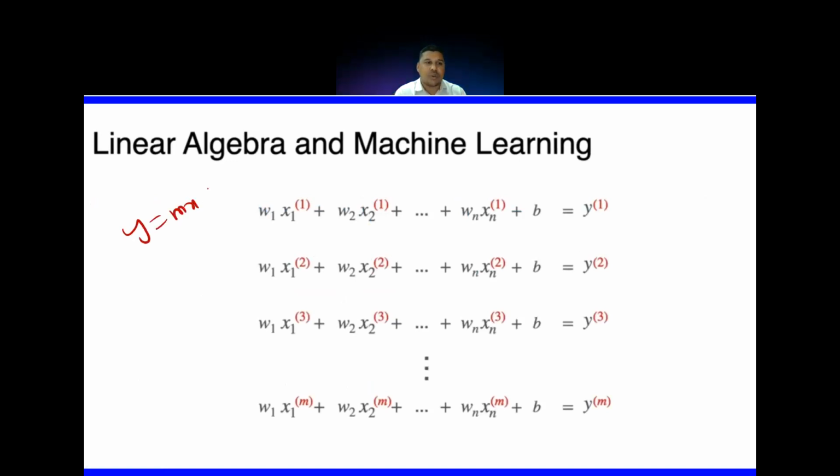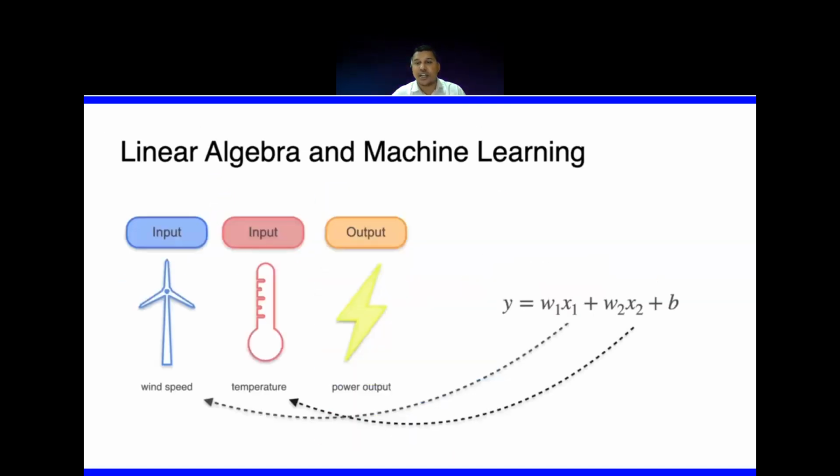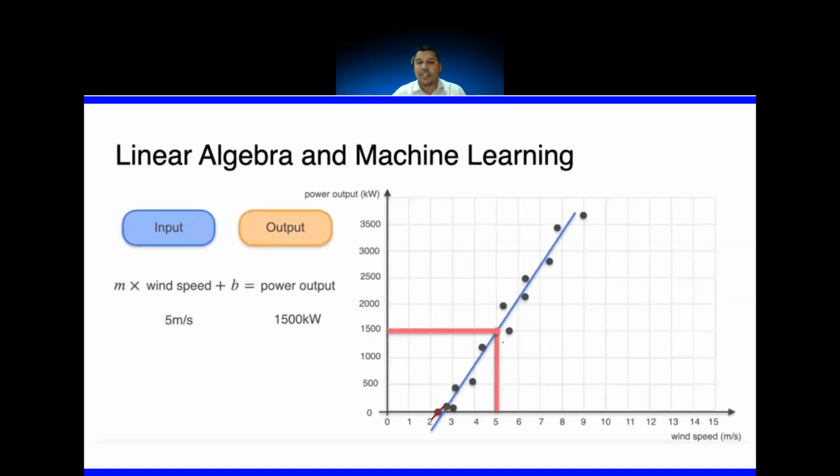Why is it called linear? If you see here, this is a linear equation. Okay, single line, so linear.